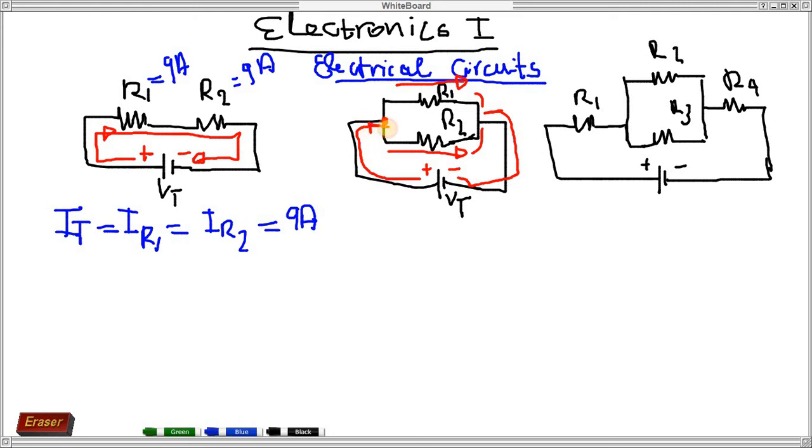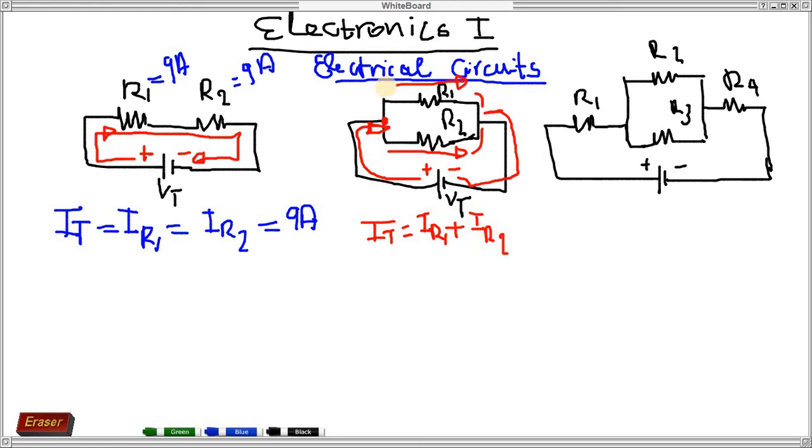That's why we say this is a parallel circuit: when the current flows through the circuit and reaches the node, it splits in two parts, sharing some amount of current for R1 and R2, and goes back to the source. So in this case, the total current of the parallel circuit is equal to the sum of the current of resistor R1 plus resistor R2.